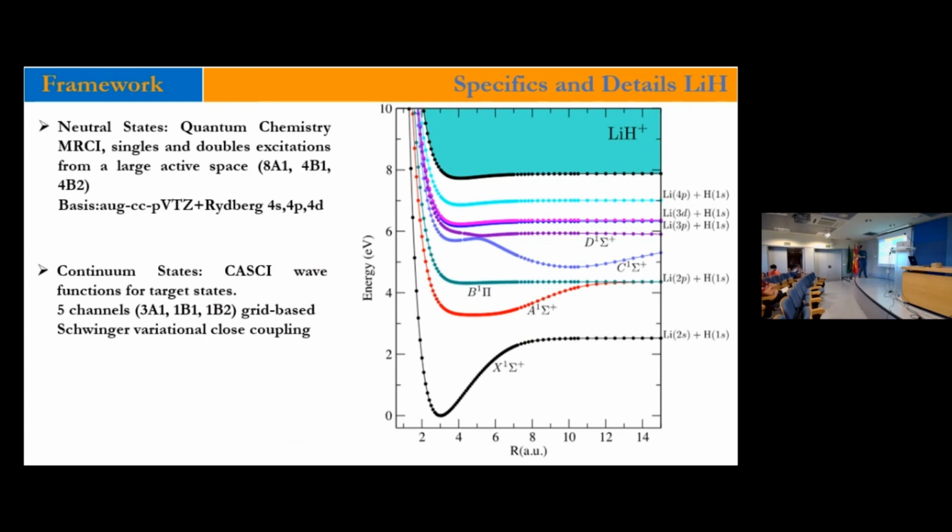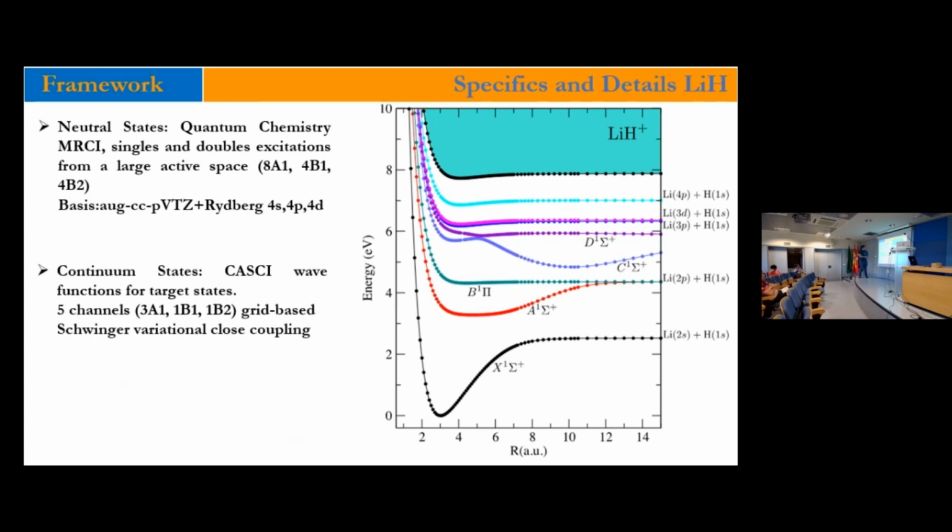Okay, so again, we take lithium hydride as an example. For the neutral state, we use quantum chemistry. We do an MRCI with singles and doubles from this active space, which is pretty big, only for electrons. We use normal triple zeta basis functions, and we put some additional Rydberg functions to be able to describe the Rydberg states.